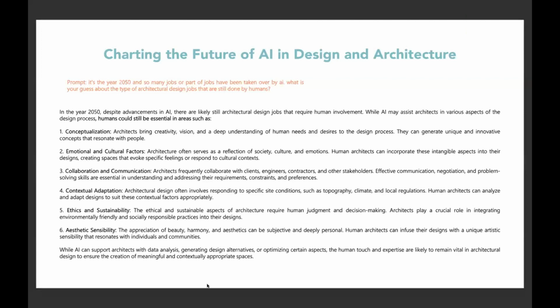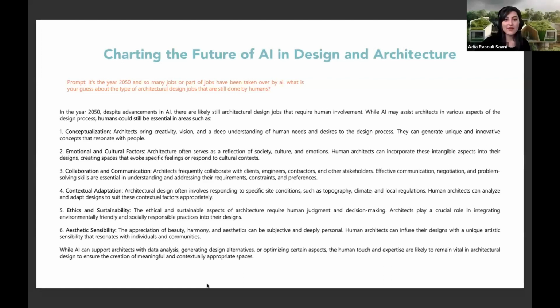Question from Mataz. Are there any famous firms now using AI? Yes, I think Zaha Hadid Architects use it, and I think so many others. I know Zaha Hadid use it at the very early stages. It's a brainstorming tool, as I told you, to come up with different ideas.